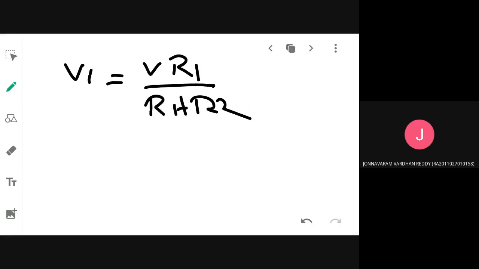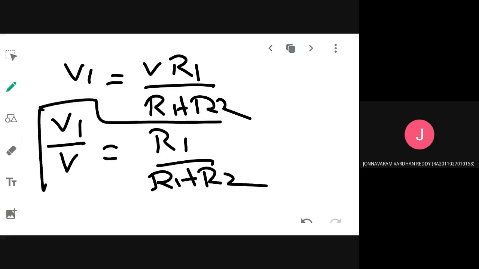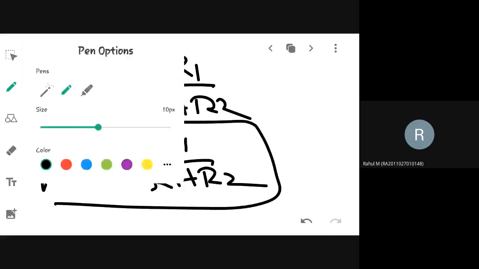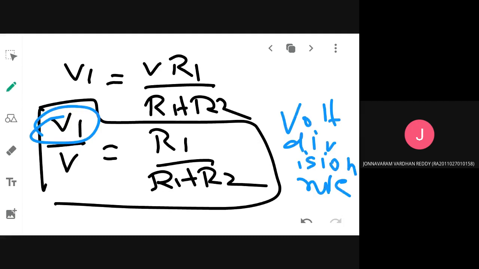Now I will take V to the other side. Then what will be the ratio on this side? R1 divided by R1 plus R2. So this rule is called what rule? Voltage division rule. So I want to find out V1, that is the voltage across one resistance.